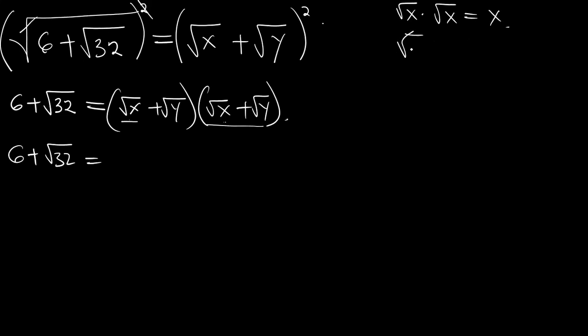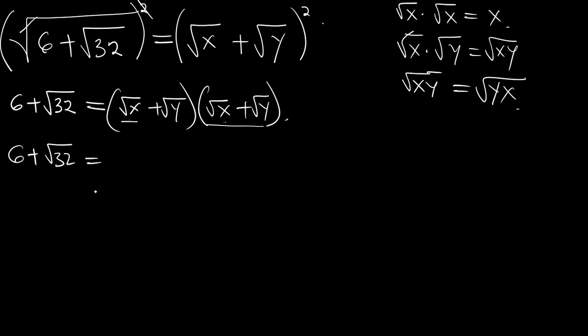If you have the square root of x times the square root of y, it is equal to the square root of xy, and the square root of xy is equal to the square root of yx, so they are the same. Now, the square root of x times the square root of x gives you x, and the square root of x times plus the square root of y will give you plus the square root of xy.